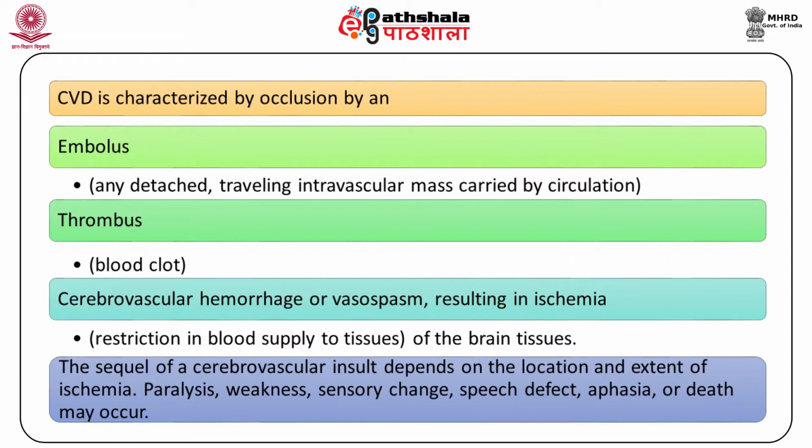The sequel of a cerebrovascular insult depends on the location and extent of ischemia. Paralysis, weakness, sensory change, speech defect, aphasia, or death may occur. In the United States, 80% of the cerebrovascular incidents are ischemic and 20% are hemorrhagic. It may sometimes also be referred to as brain attack.